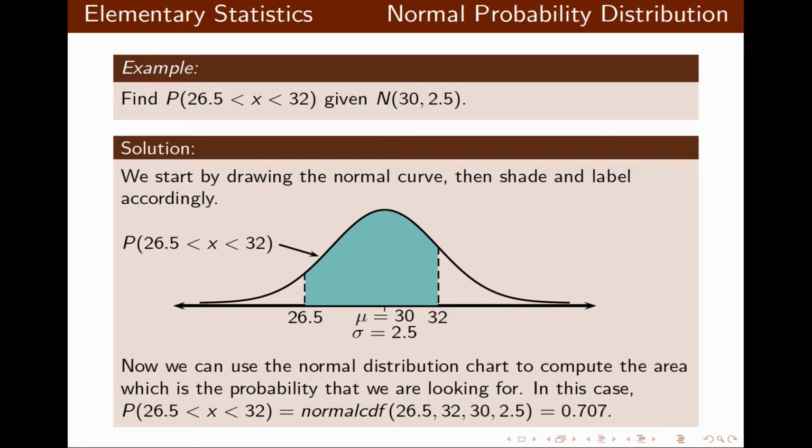We're going to use our normal distribution chart and use the TI command normal CDF. Our left value is 26.5, right value 32, mean 30, and a standard deviation 2.5. So that probability is 0.707.